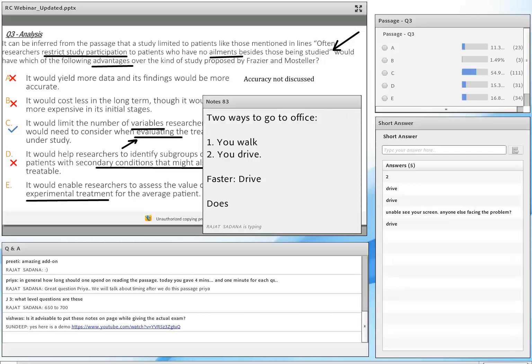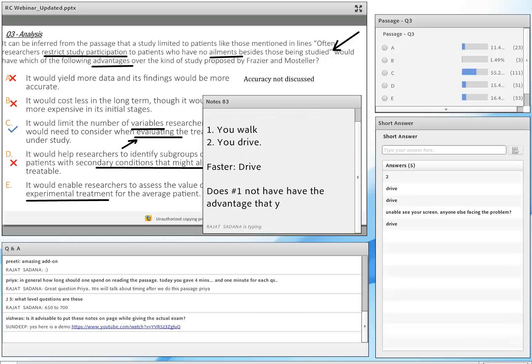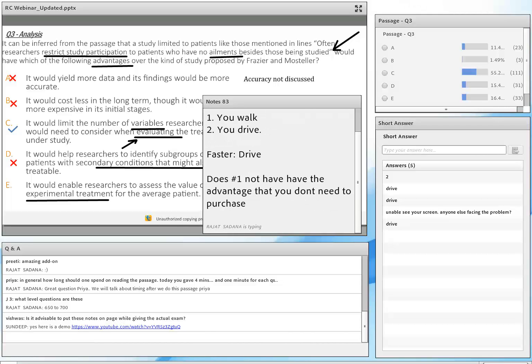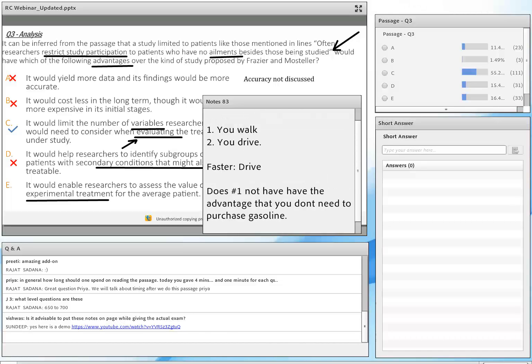Now, but does number one, which is walking, not have the advantage that you don't need to purchase gasoline? It does, right? Yes, it does.